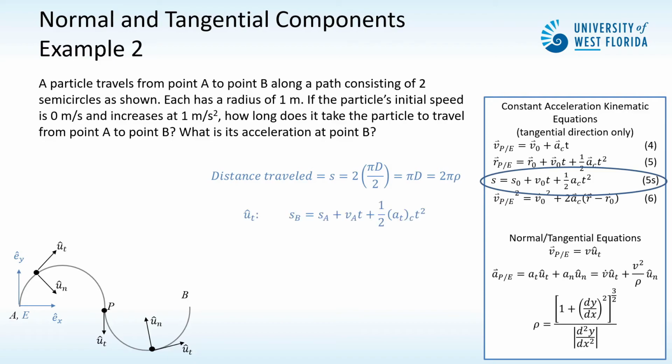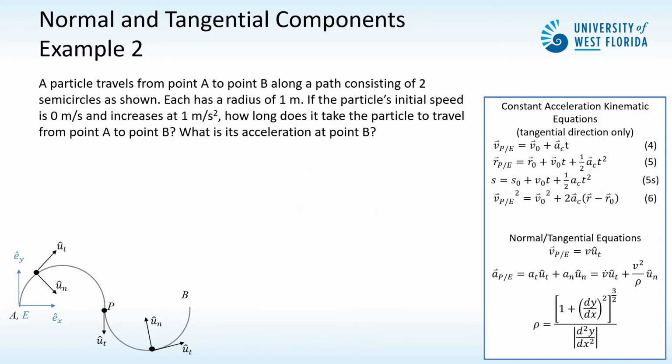Now I will rewrite that equation and use subscripts a and b to represent the beginning and ending points of the path of motion. If you prefer to use subscripts 0 and 1 to represent the initial and final time steps, that will work as well. Then I will plug in values, rearrange, and find that time is 3.54 seconds.